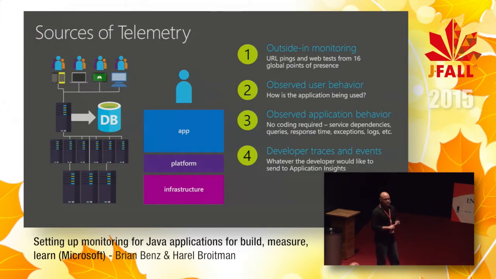So if you need to track important things in your system, like if a customer emptied the shopping cart or how many items he had in the shopping cart before checkout, then you can use the API to send your own data. And lastly, we also collect information about the infrastructure, essentially performance counters and JMX counters that you can add and get a picture of how the device running your app is behaving.